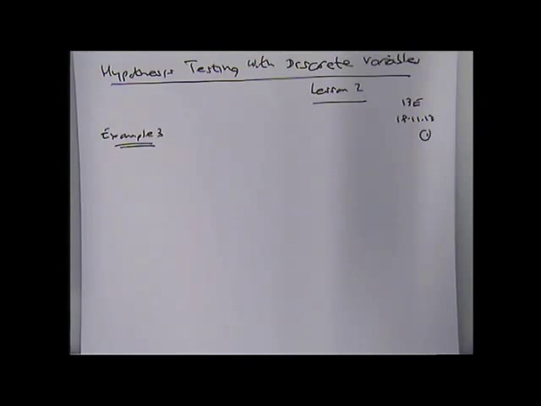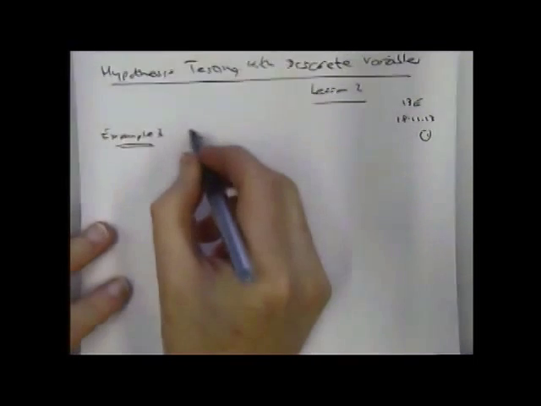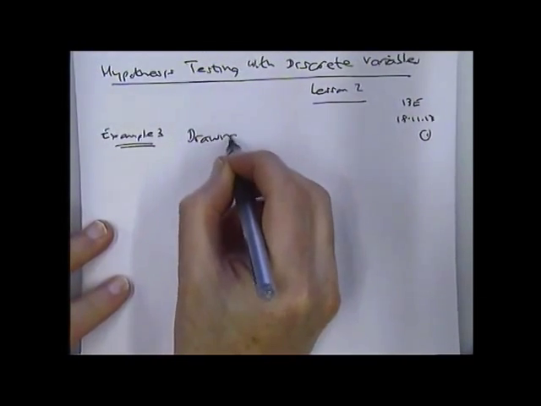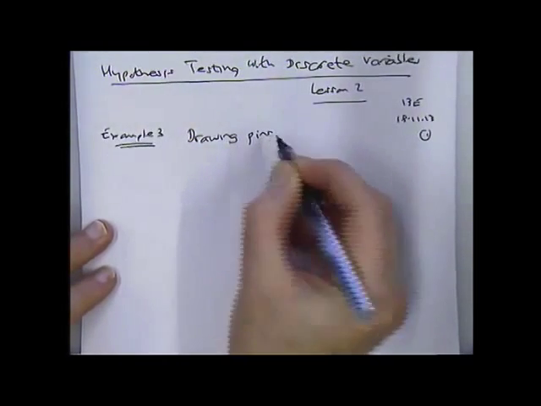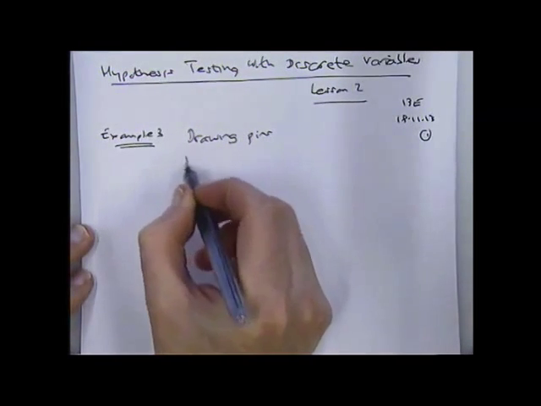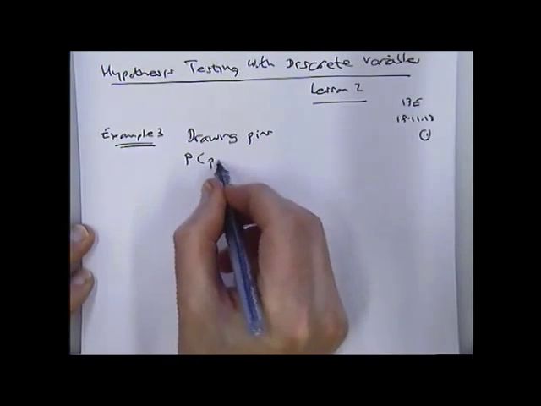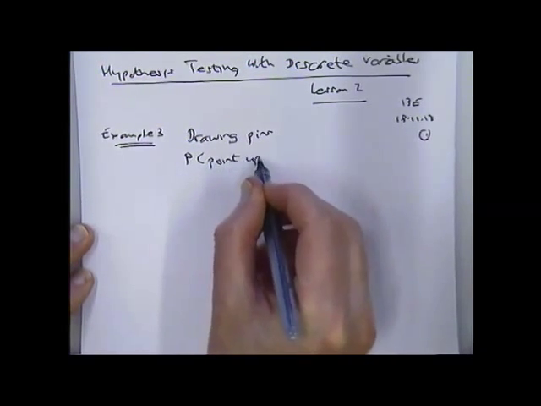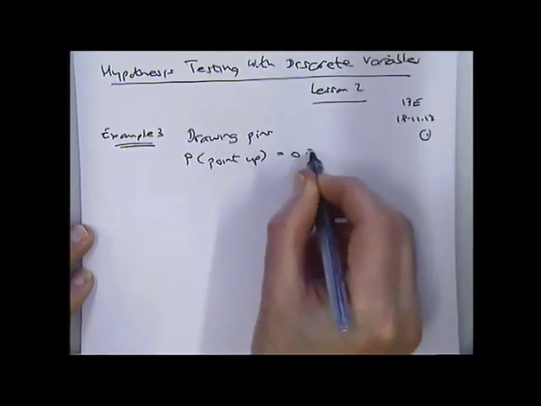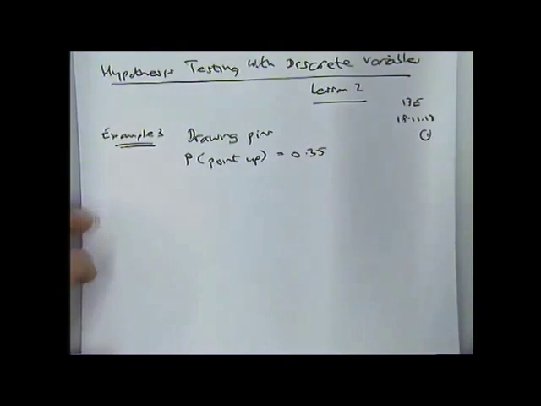So this is the second lesson we got on hypothesis testing with discrete variables, what we started last time. Example 3 is all about a drawing pin, or several drawing pins. We know that the probability of a drawing pin landing point up from lots of trials in the past is 0.35.